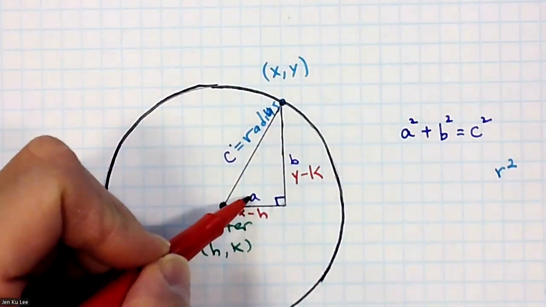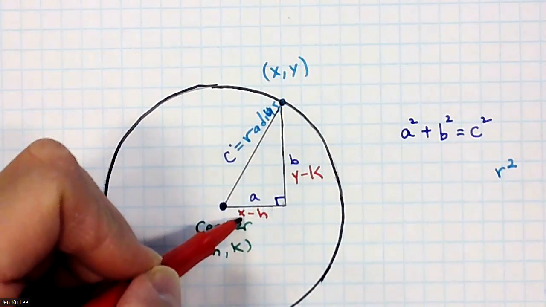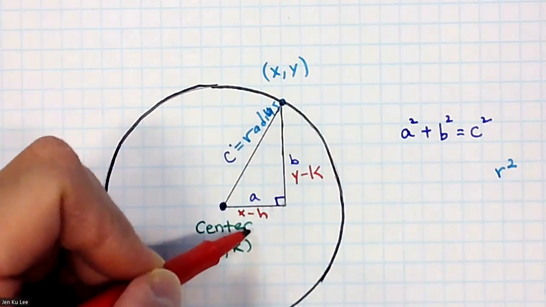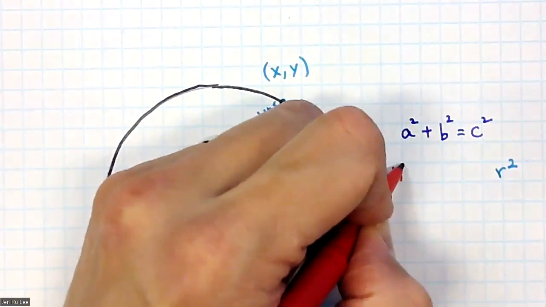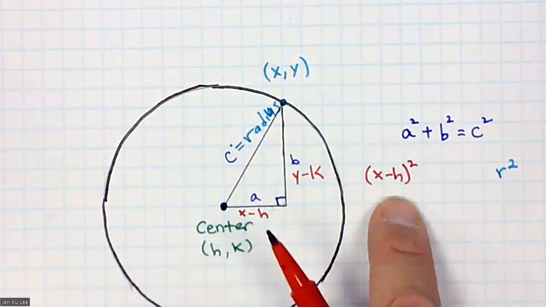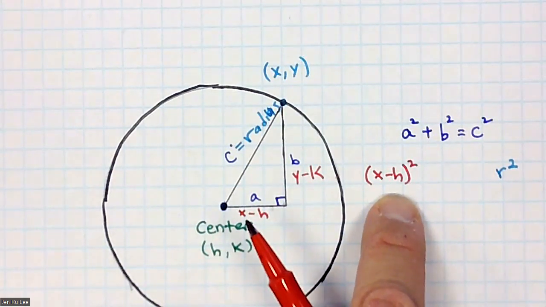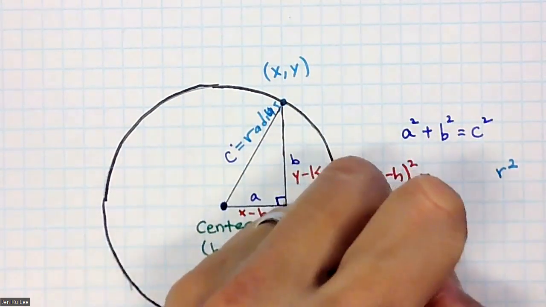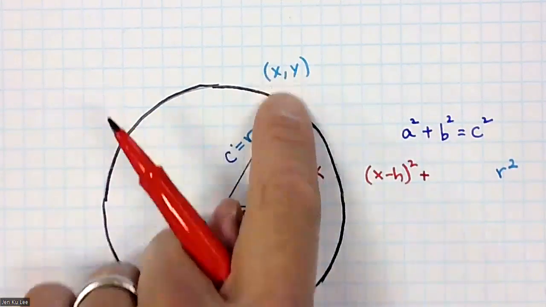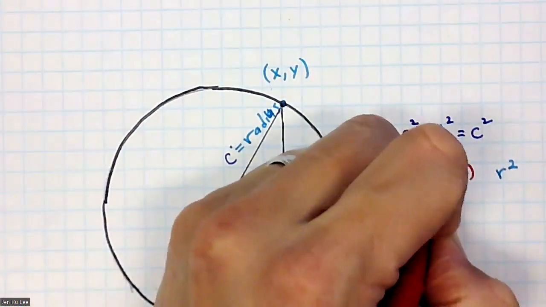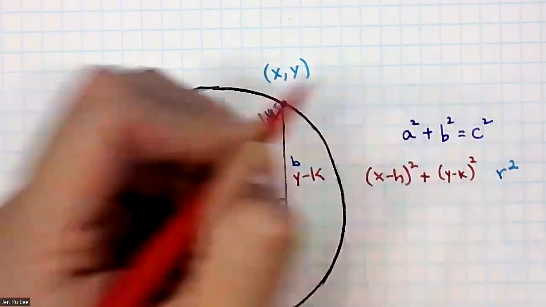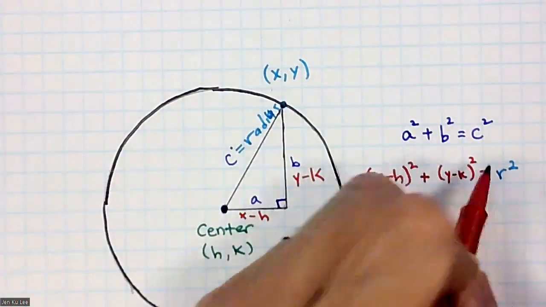So instead of a, I'm going to label it x minus h. X minus h quantity squared, because that's a squared. Okay? Plus b is y minus k. So instead of b, I'm going to plug in y minus k quantity squared equals r squared.